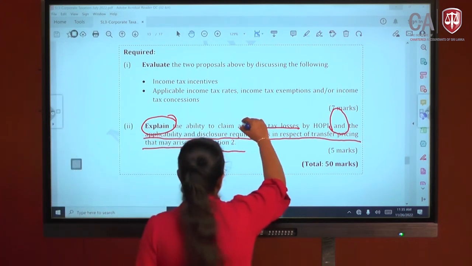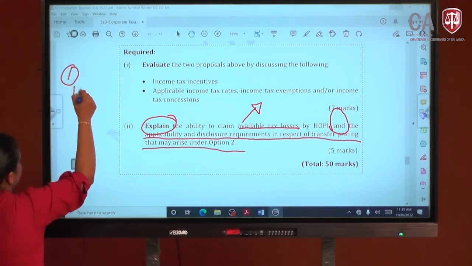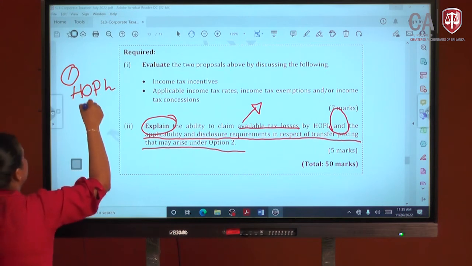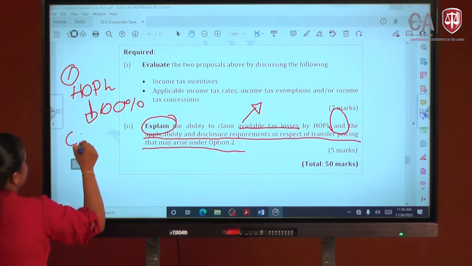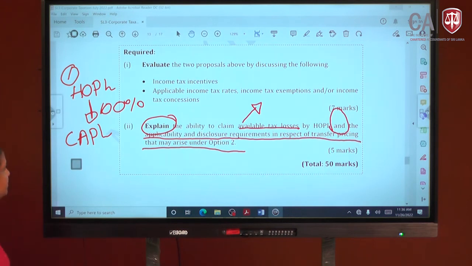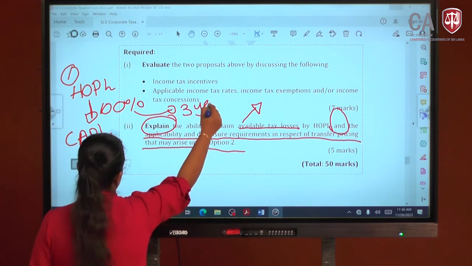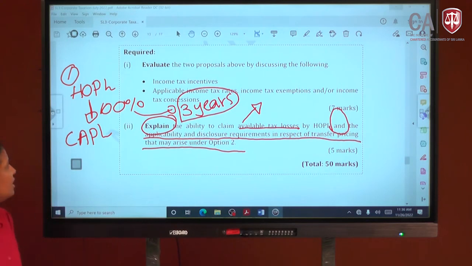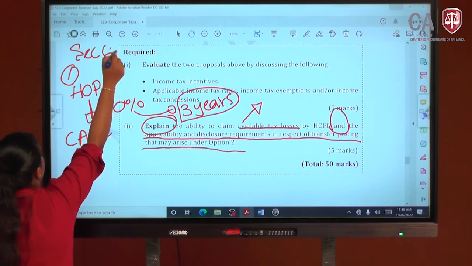To claim available tax losses, what has happened now? HOPL is there. Their ownership 100% transferred to CAPL, with the 3 years of ownership compared from the immediately changing year. Okay, what is the application of section 63?